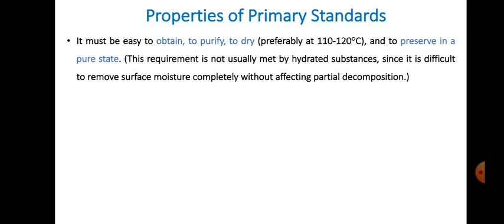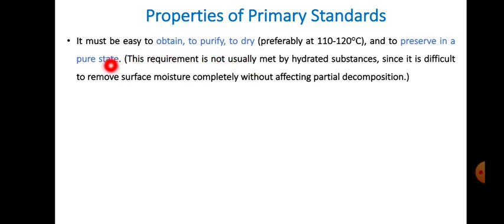During storage, if it has absorbed moisture, because during weighing we expose the substance to atmospheric moisture, that moisture should be removed, because moisture is nothing but water, and that can also be considered an impurity. So we can dry it before weighing, so that the water will evaporate at 100 to 120 degrees Celsius, and we will get a pure substance which is free from moisture, and to preserve in a pure state.